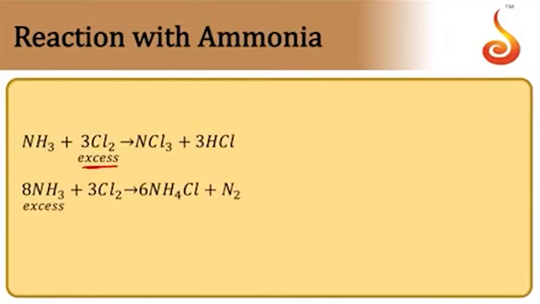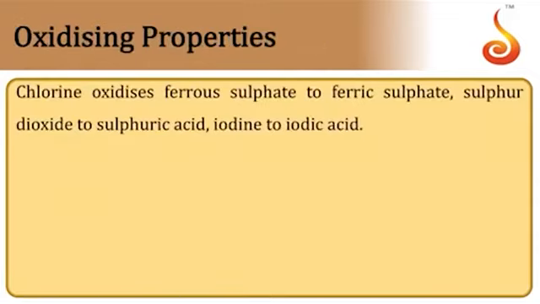Excess chlorine with ammonia gives NCl3, an unstable compound, and HCl. If you take excess ammonia, the same chlorine gives rise to ammonium chloride and liberates N2 gas. So excess chlorine gives NCl3 and HCl; excess ammonia gives ammonium chloride plus N2 gas.